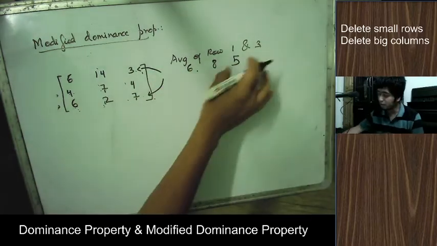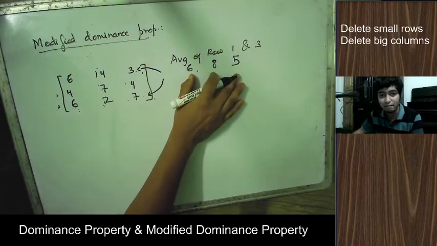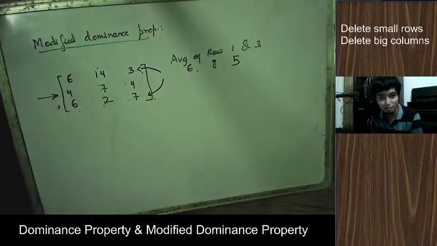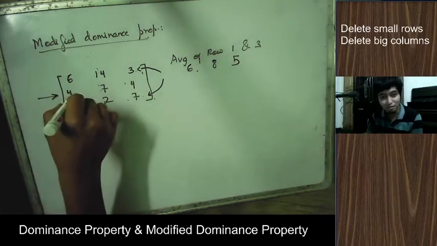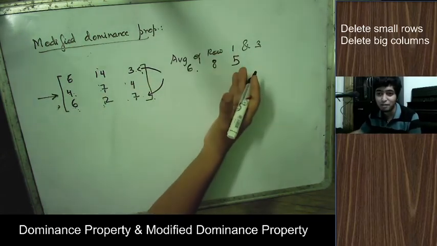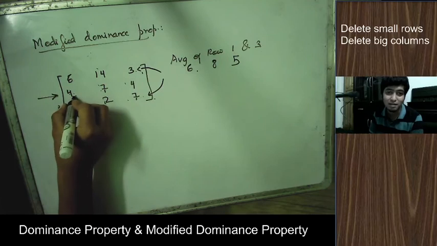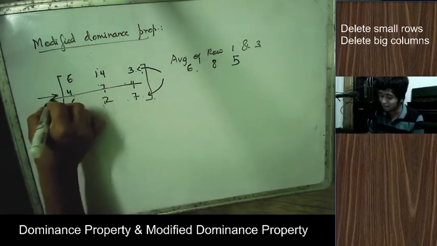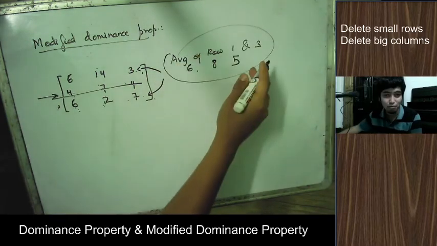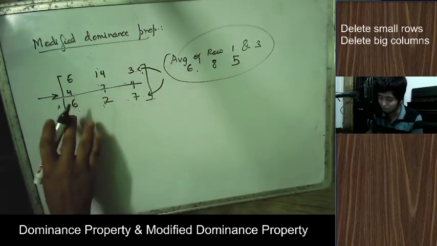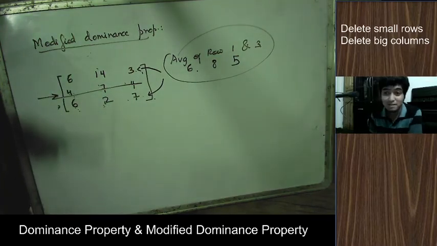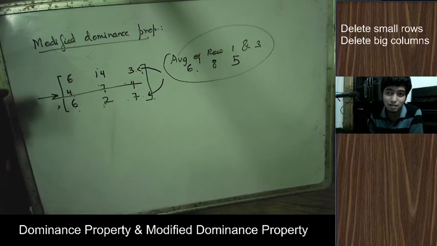So the average of row 1 and row 3 is 6, 8, and 5. This is bigger than the second row. That is why the second row is dominated by the average of row 1 and row 3, so it is the dominated row. We can easily delete it because the average of row 1 and row 3 is greater than the corresponding entries of row 2. This is what the modified dominance property is.